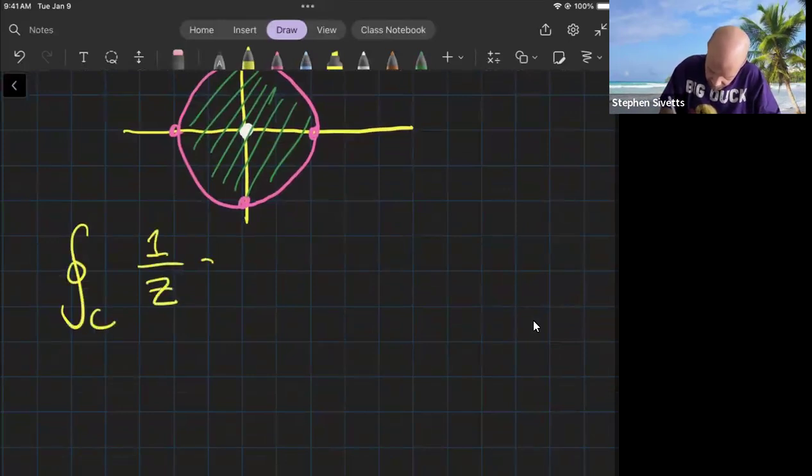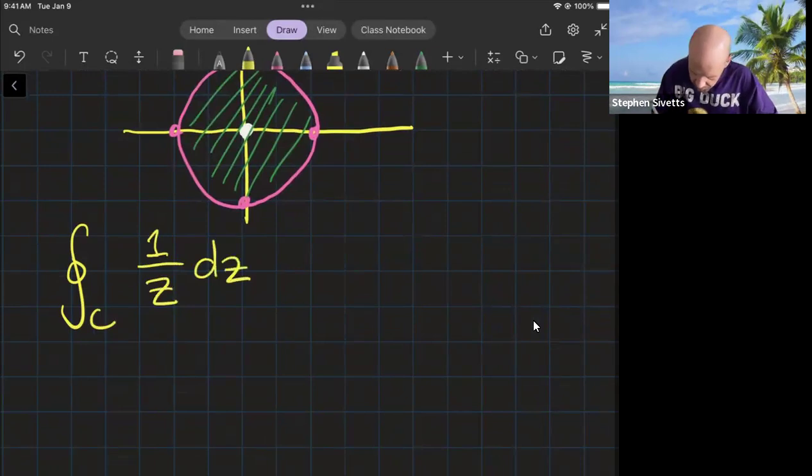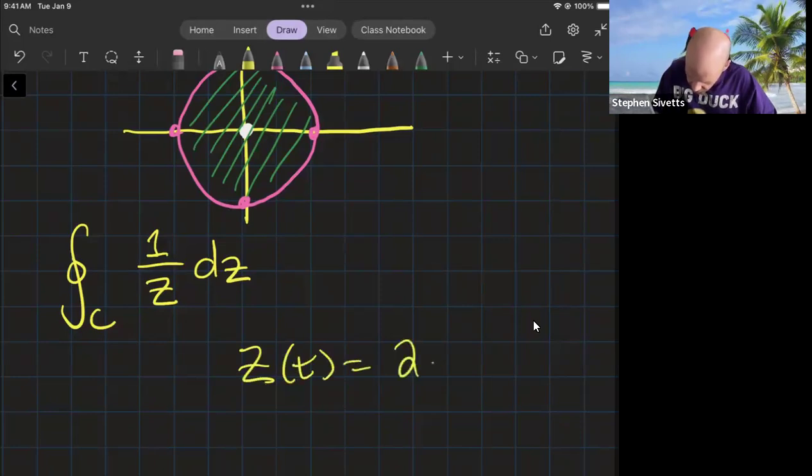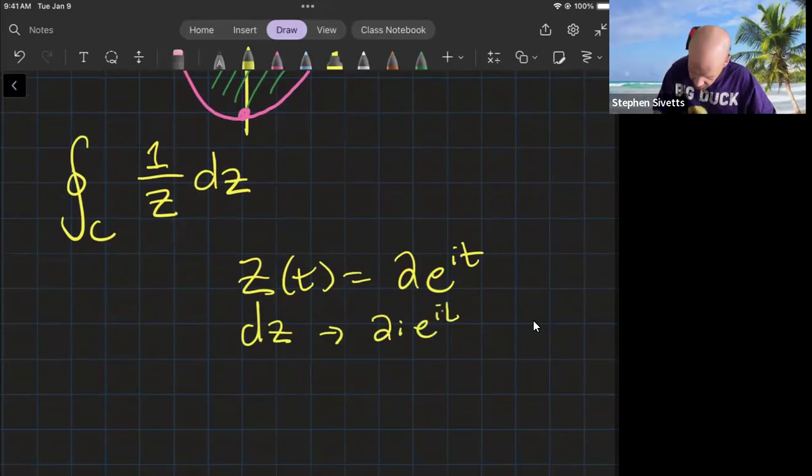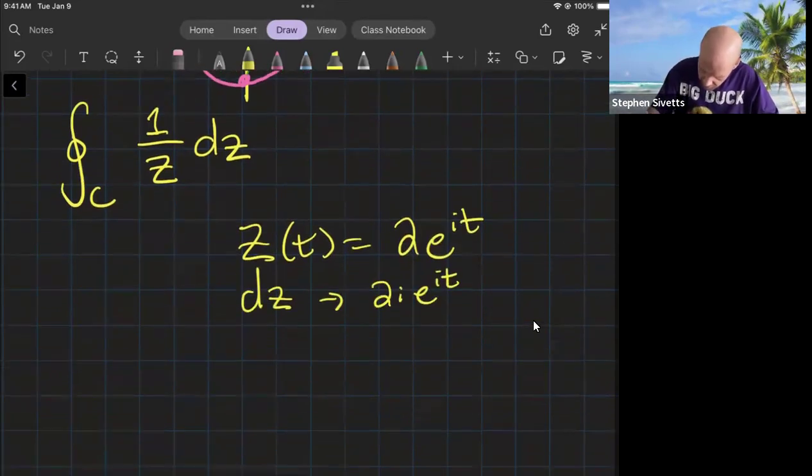Well, that's fine, because we know the parameterization of the circle of radius 2. It's just 2 times e to the it, and then dz would be 2i times e to the it, right? The limits for t are between 0 and 2 pi.